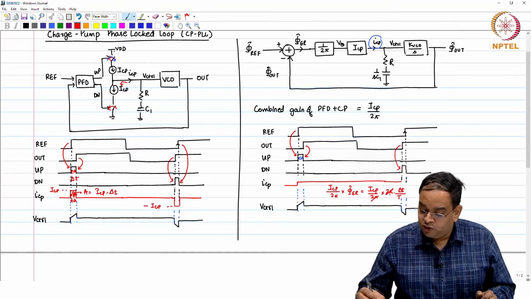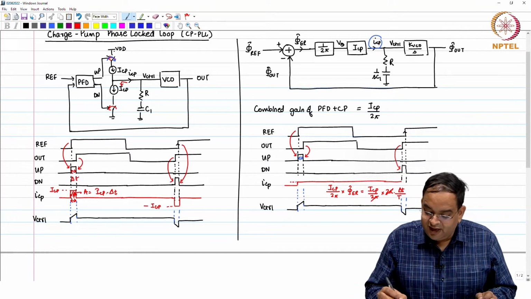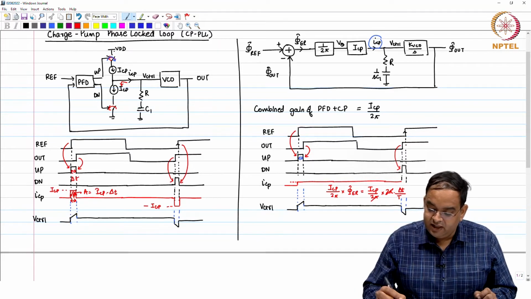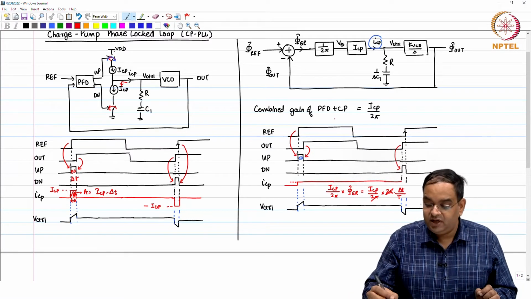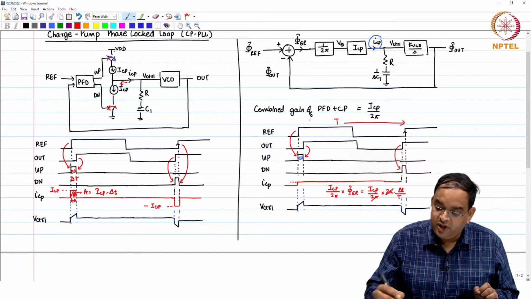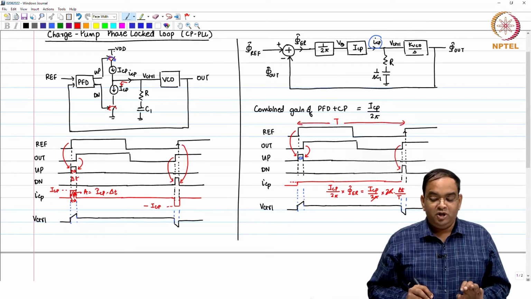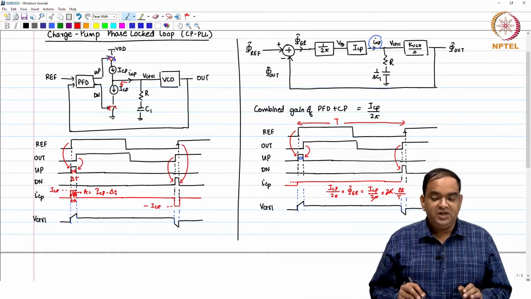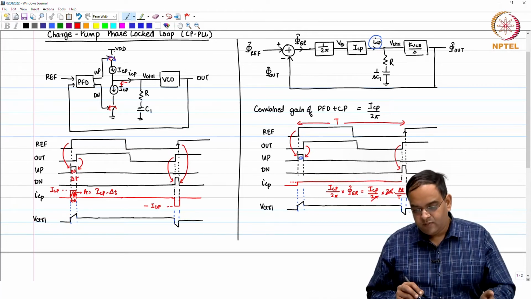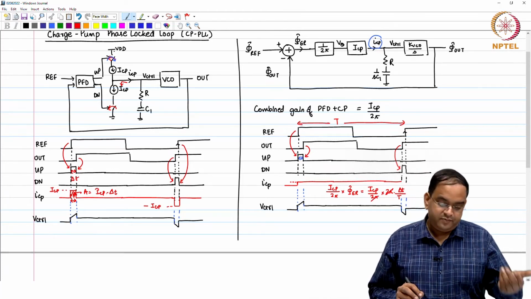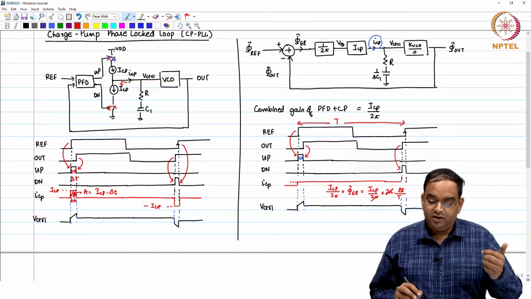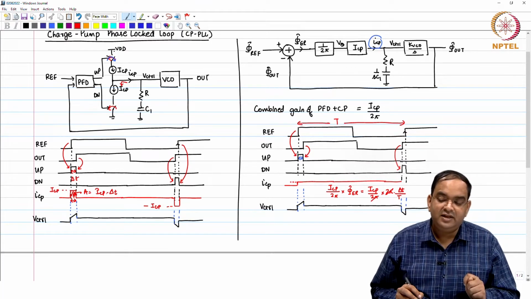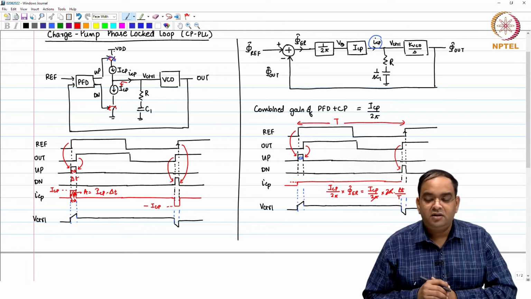Here also this value is ICP times delta t by t. If you integrate it over time period t, which is the reference clock period, you will get the same value. So, our modeling is slightly different from our actual operation, under the assumption that the frequency at which the changes are happening in the system is much lesser than the frequency at which we are clocking the system.